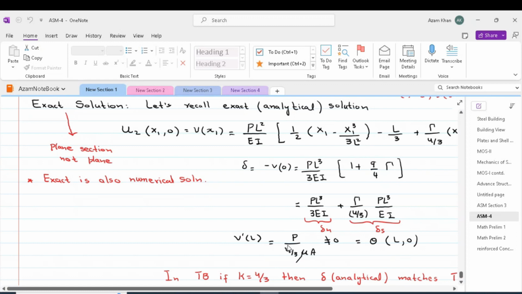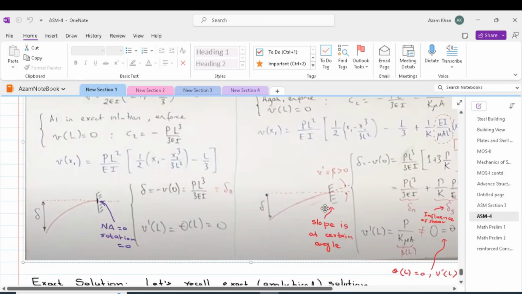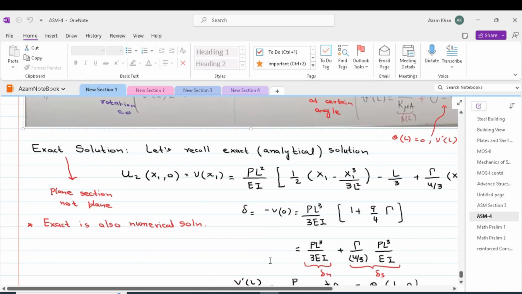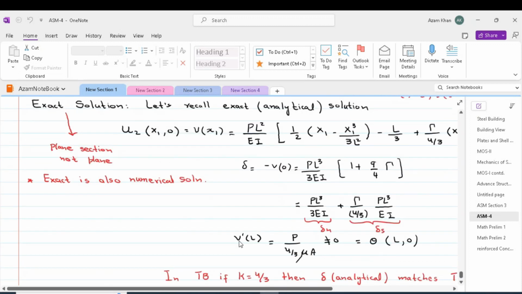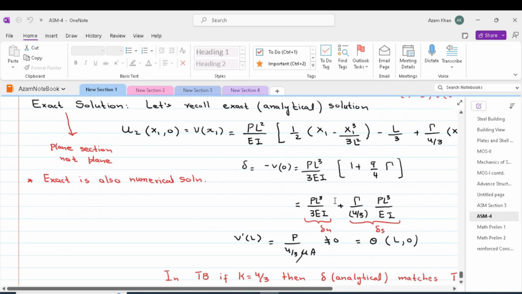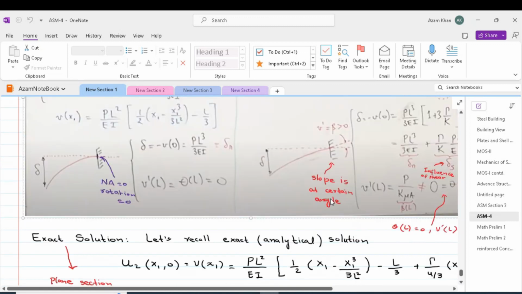So this also demonstrates that the answer given by Timoshenko beam theory for the slope of the elastic curve at the root of the cantilever is the same, provided K is equal to 4 by 3. Thus, our deflection and the slope of the elastic curve at the root will be equal to the Timoshenko beam theory if we put K equal to 4 by 3.